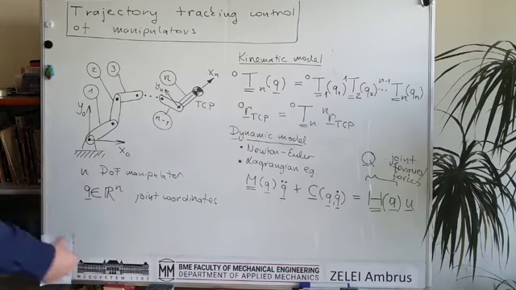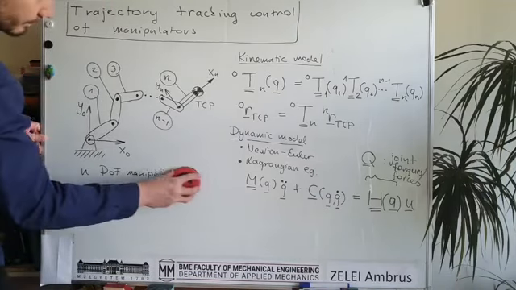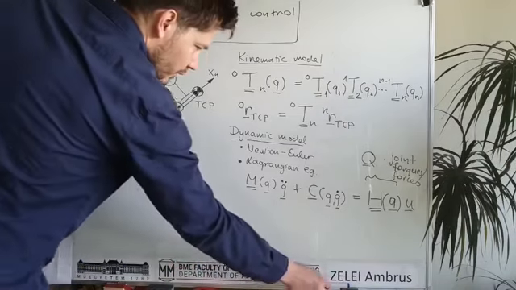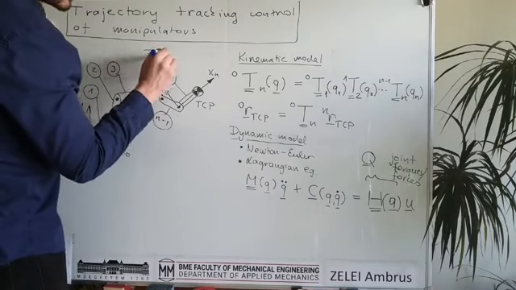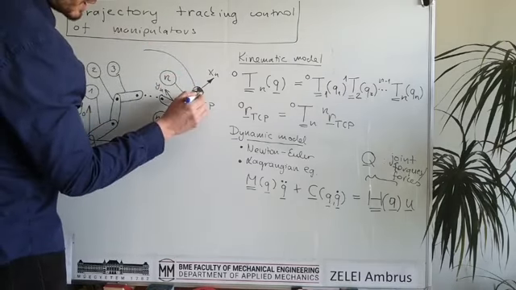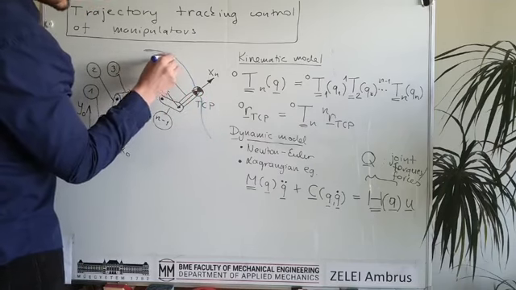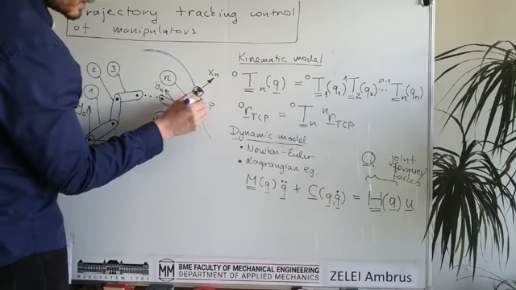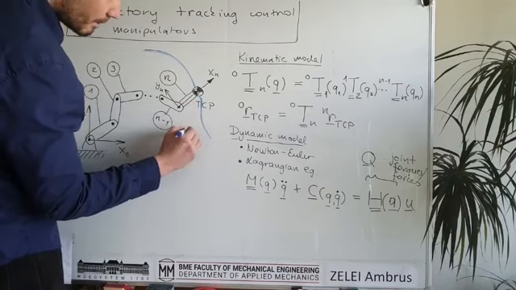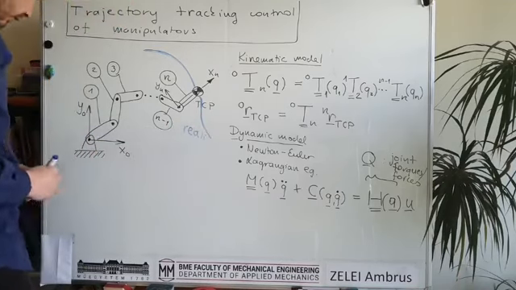So this is what we have now, and let's see what trajectory tracking control is. Now we will draw two trajectories. One trajectory will be the so-called realized trajectory on which the end point of the robot moves.